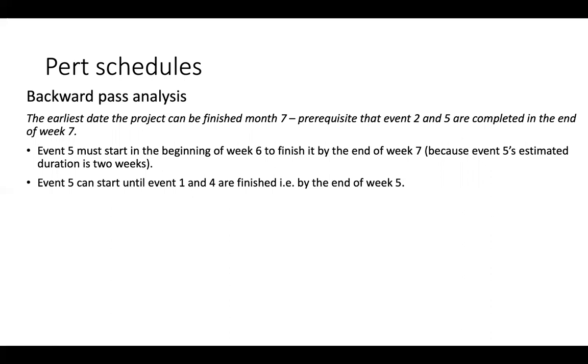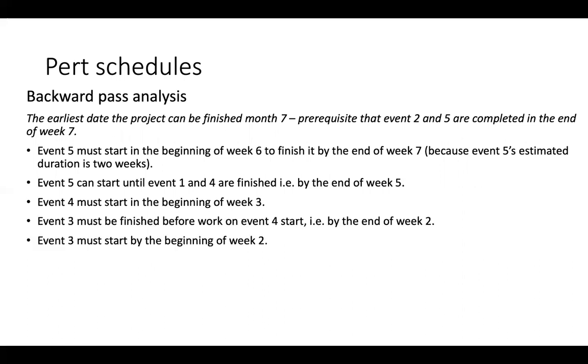And event 5 can start once events 1 and 4 are finished. Event 4 must start in the beginning of week 3, just as event 3 must be finished before work on event 4 starts, i.e. by the end of week 2, and event 3 must start by the end of that week.